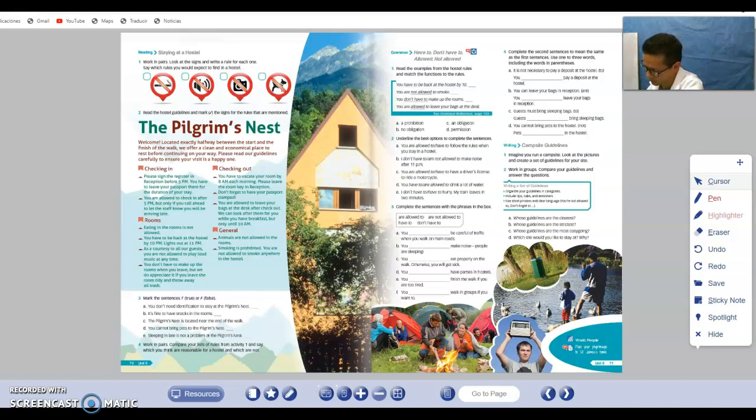Where is this? Okay. So yes, the answer to "It's fine to have snacks in the room", T or F. So look up here.